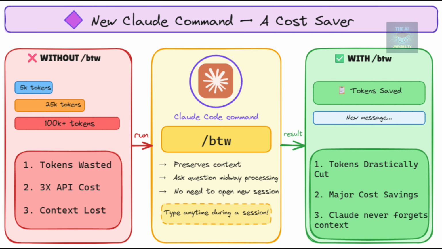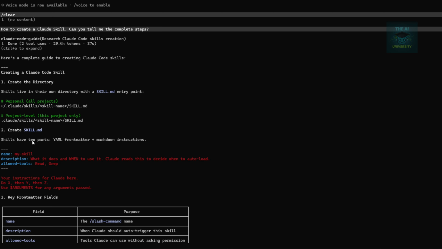But now, since you are not opening a new Claude session and are rather chatting in the same session using the /btw command, the context of the current session doesn't get lost. So you avoid those massive context reloads every single time. That alone will save you literally half your tokens in complex workflows.